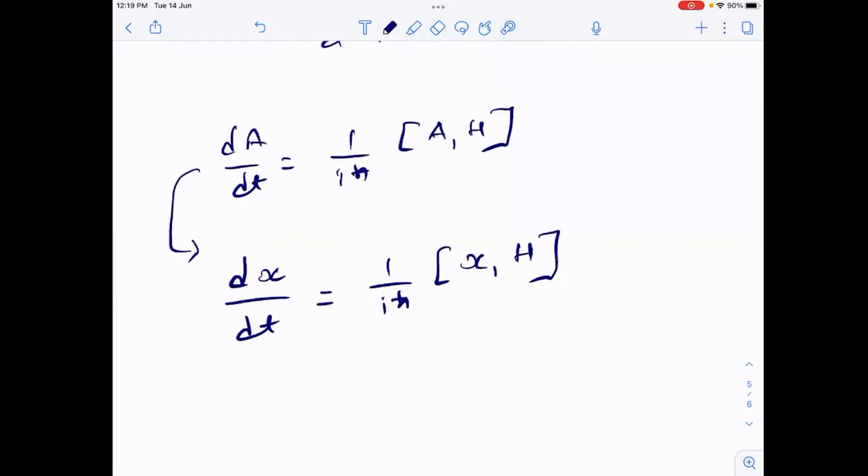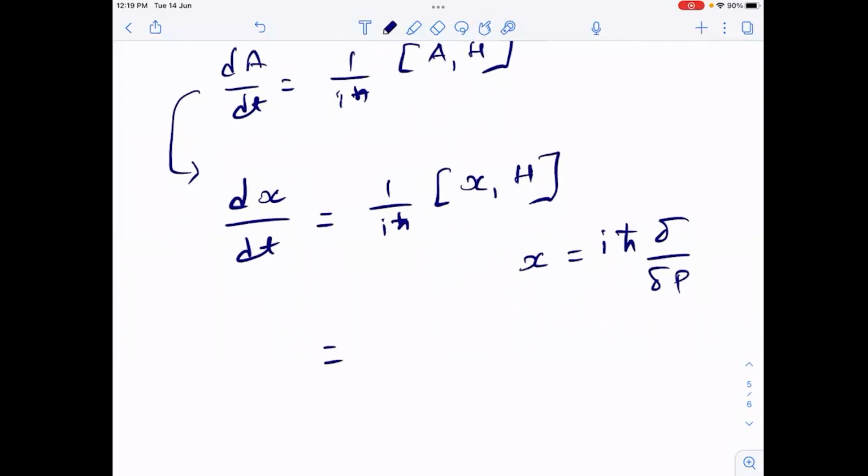Now, what is the operator correspondence for our dynamical variable X in quantum mechanics? It will be i h cut del by del P, right? So if you use it, what will I get in the next step? I want an answer from you.